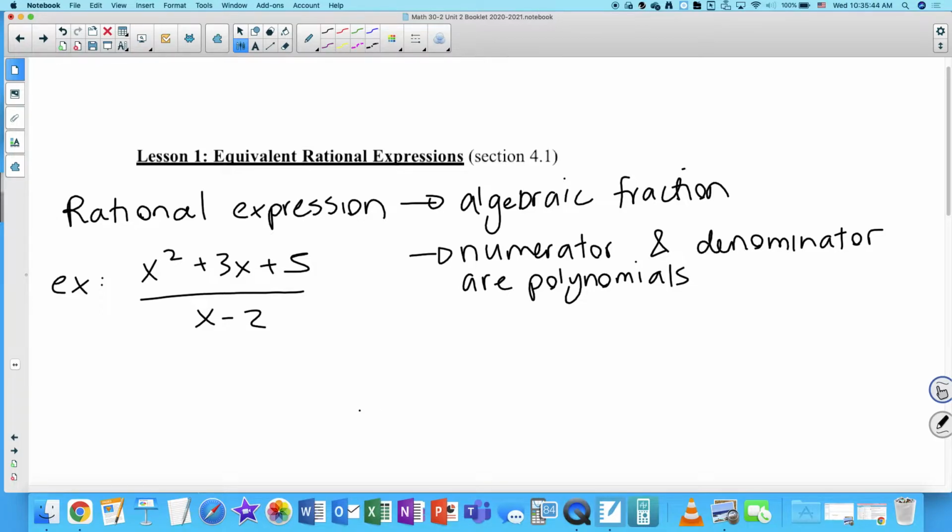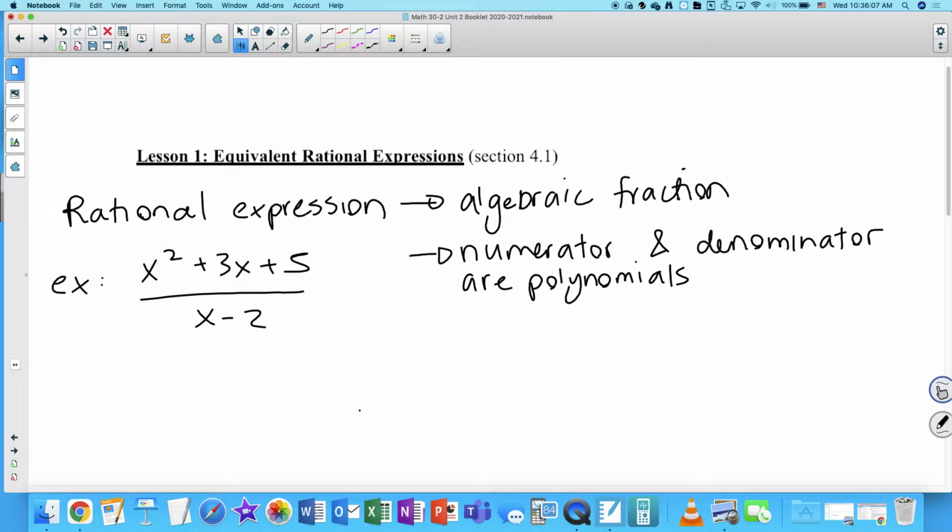Okay? Now, what we are going to learn to do in this unit with these expressions is what you guys learned to do basically when you started looking at fractions. So you learned to simplify them or reduce them. You learned to add, subtract, multiply, divide them.